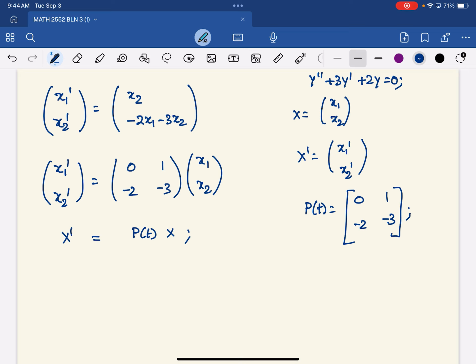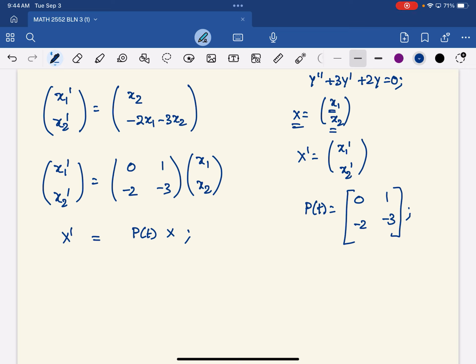So the first thing I want you to do is notice the difference. x is a vector, x1 is a component, x2 is a component. When I write the components, I write it in a curvy form. When I'm writing it as a vector, I'm just writing it in a normal form. So this is a vector, that is not a vector. That's all I'm trying to say. Is this clear?